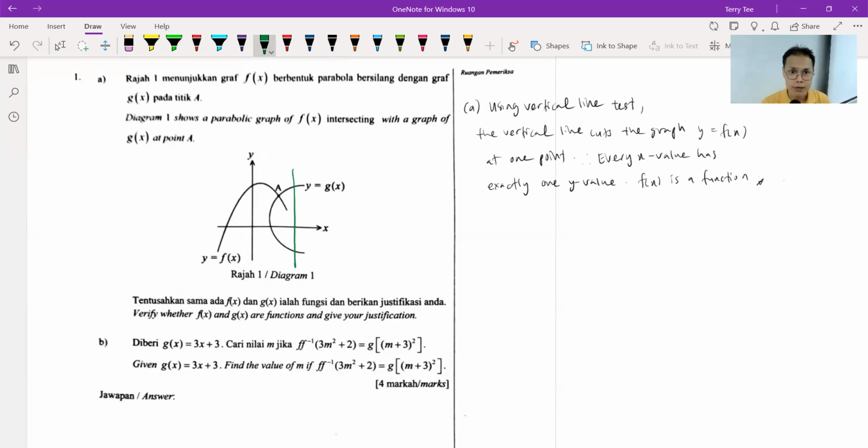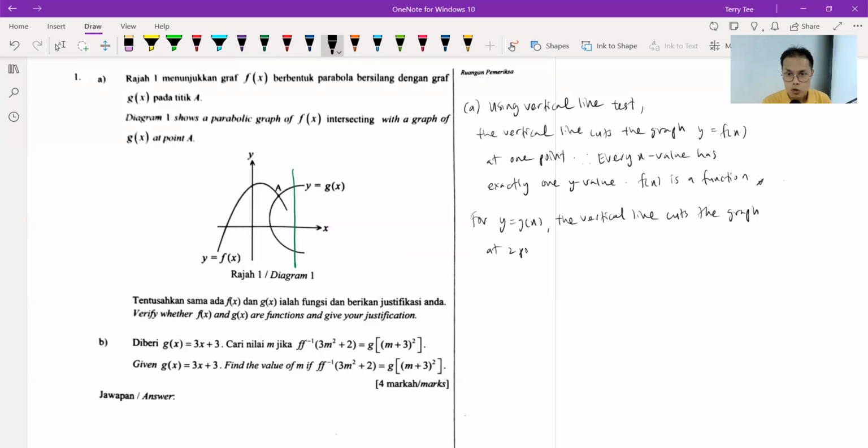Now for the second one, I'm going to draw a vertical line like this. For y equals g(x), the vertical line cuts the graph at 2 points.